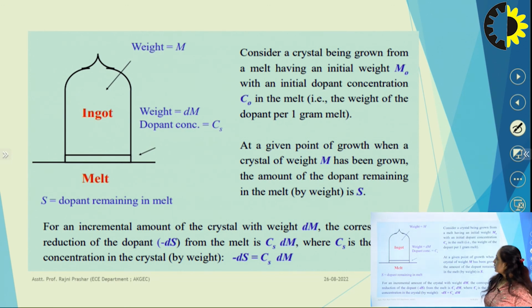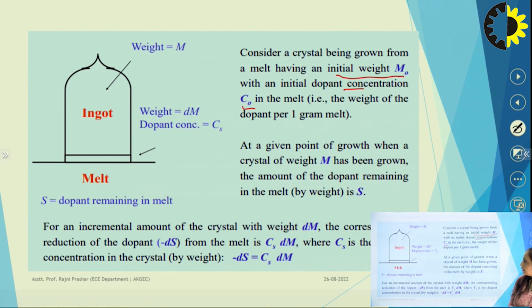In this slide, we will see what the weight of the ingot will be when we dope some impurities into it, what the initial weight is and what the resultant weight is. Consider a crystal being grown from a melt having an initial weight M0 with initial dopant concentration C0 in the melt.